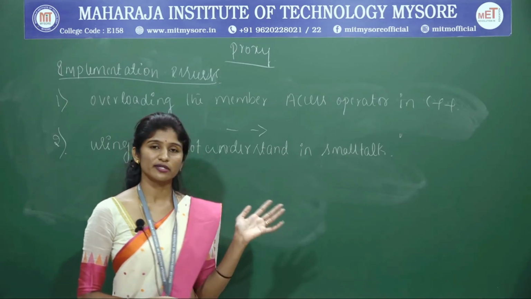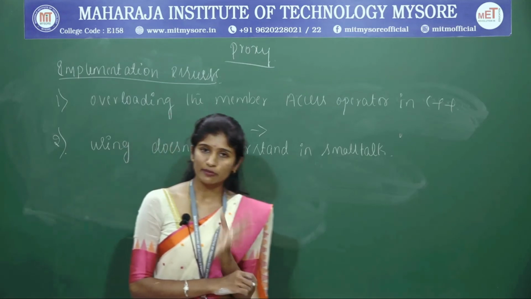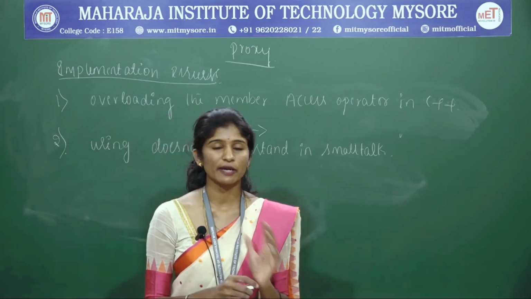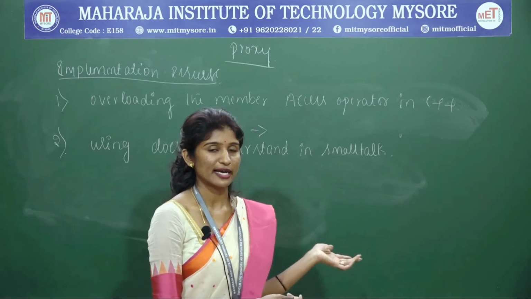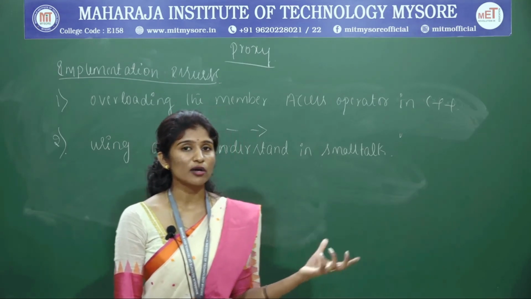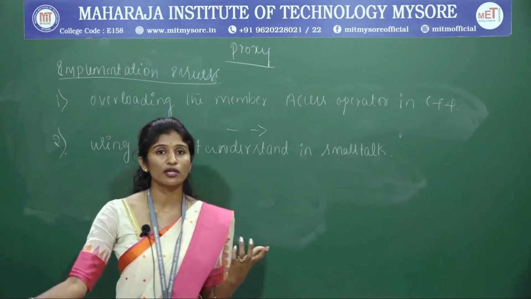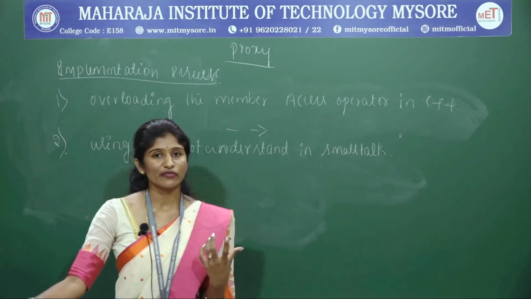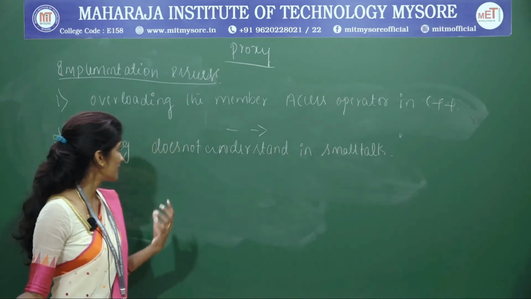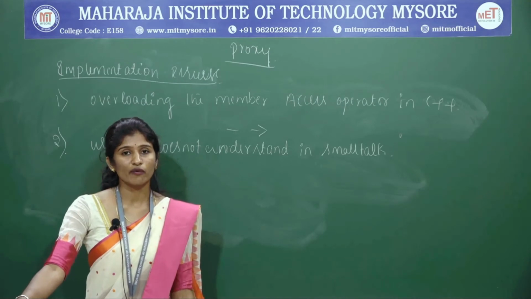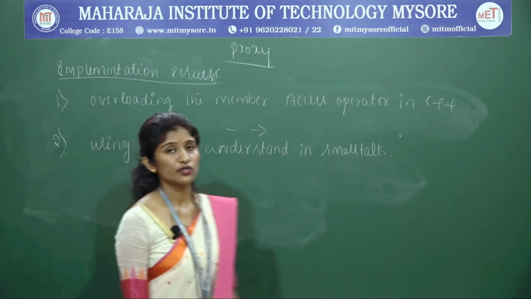Here is what happens in a proxy: the subject forwards a request to a proxy, and the proxy forwards it to a real subject, right? In Smalltalk there is an operation for automatic forwarding of the request.